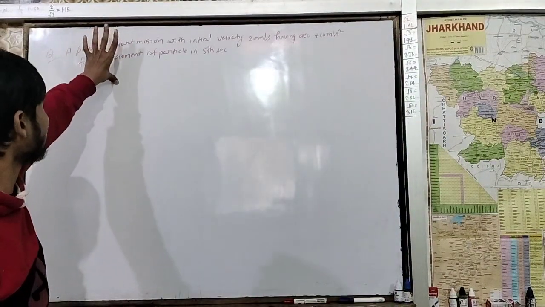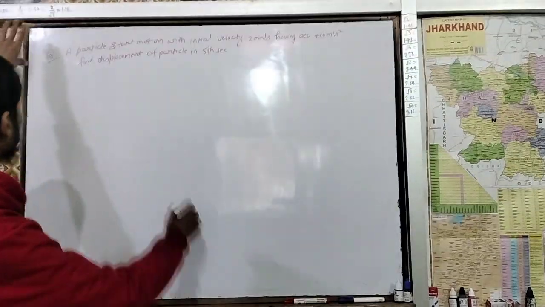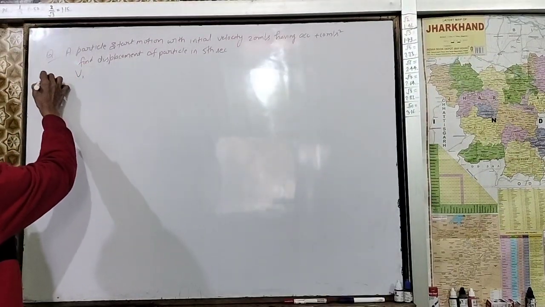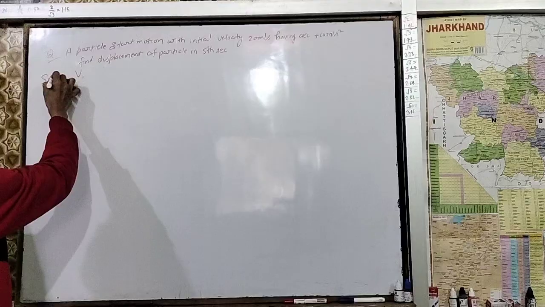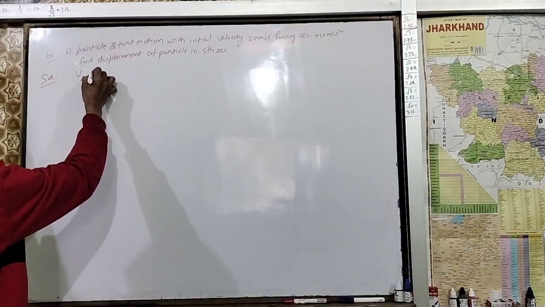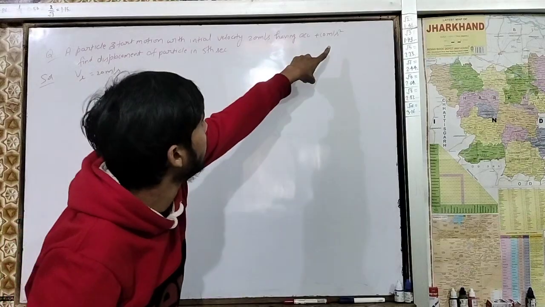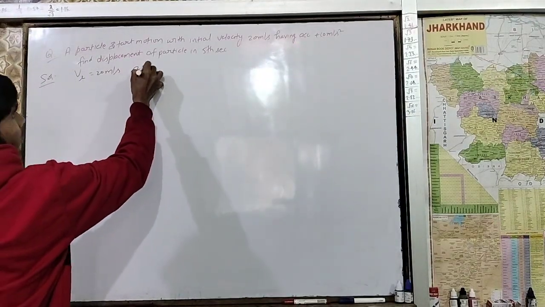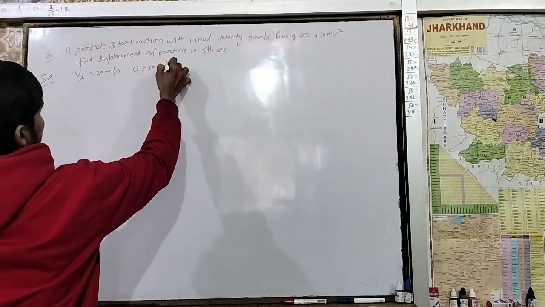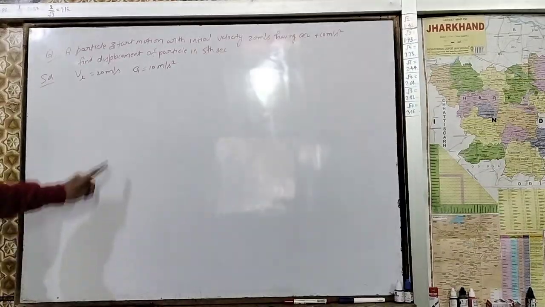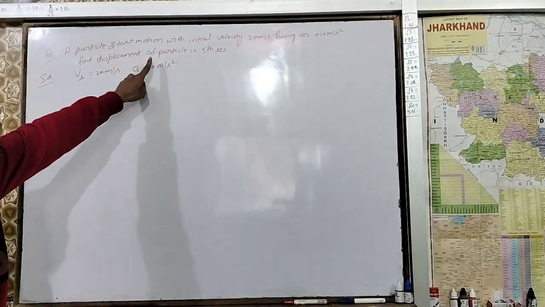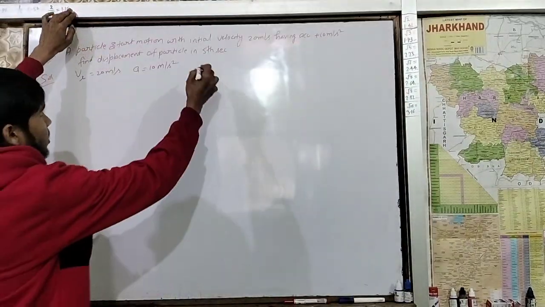A particle which starts motion with the initial velocity vi is 20 meter per second, having acceleration of 10 meter per second squared. Find the displacement of the particle in the fifth second.